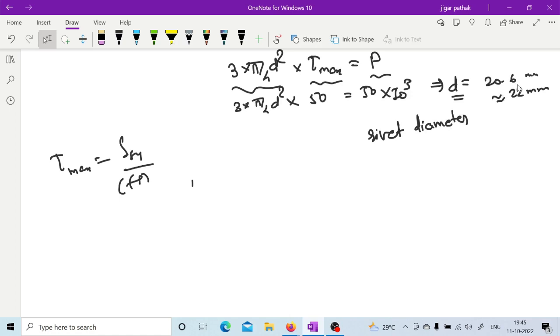After 20.6 the next available diameter may be 22 mm, so that is why I have rounded it off to 22 mm, because each and every size may not be available for the diameter. It cannot be like starting from 1 mm to whatever number we want, right? It may not be available in all sizes, so it may not be available for 21 mm, so that is why I have rounded it off to 22 mm in place of 21 mm.